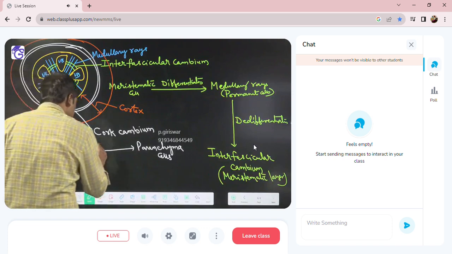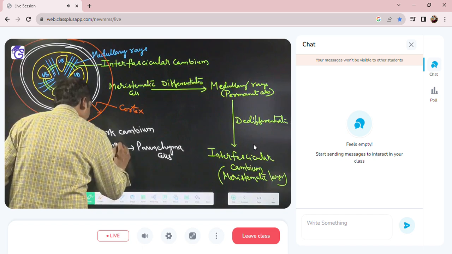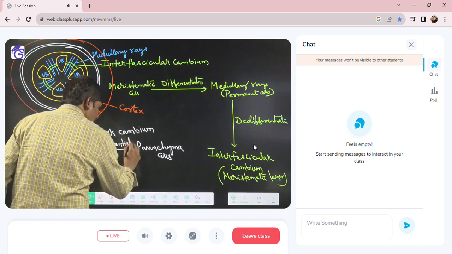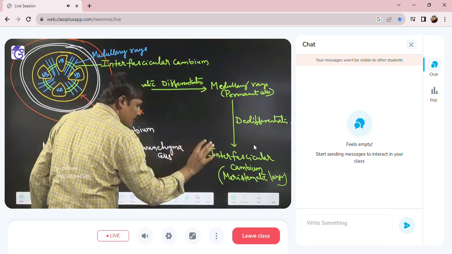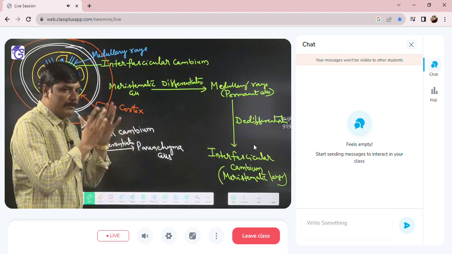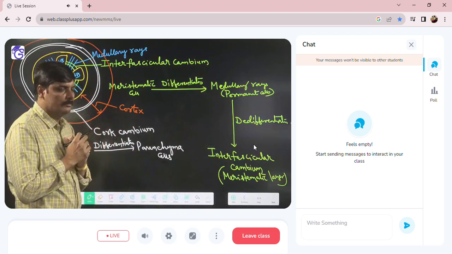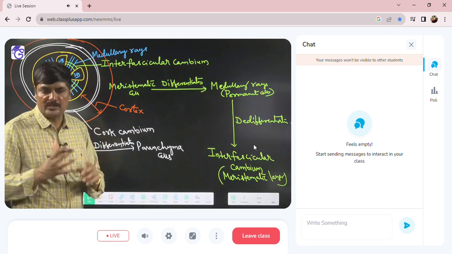This process is called differentiation. Okay? And generally, parenchyma cells are permanent cells. They are restricted to perform a particular function.